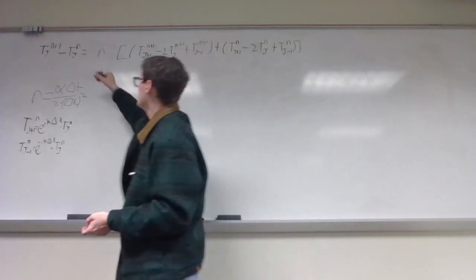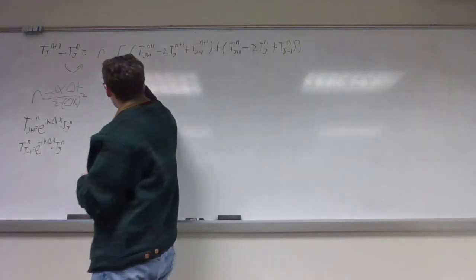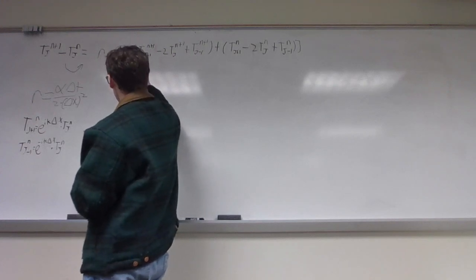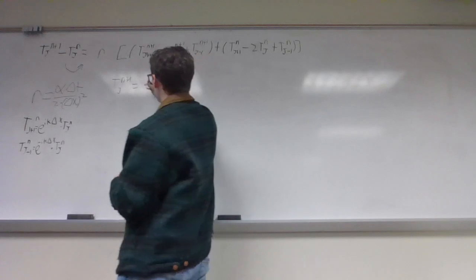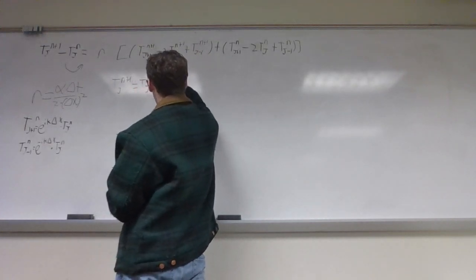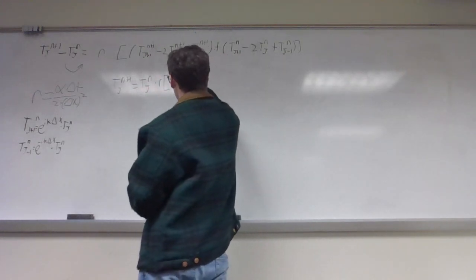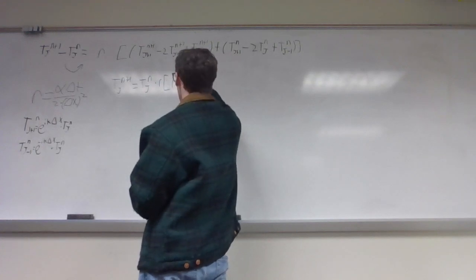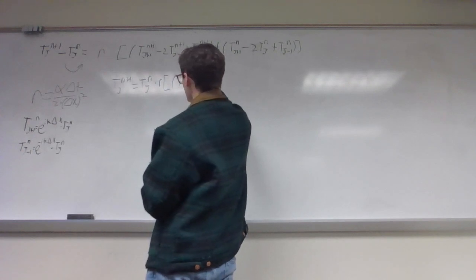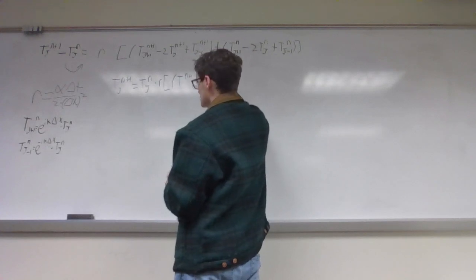So we're going to take this over, and we end up getting, right over here, T_j^{n+1} equals T_j^n times r to this funky business. So we have T^{n+1} times, because it's a j plus 1, it is going to be e to the i k delta x.